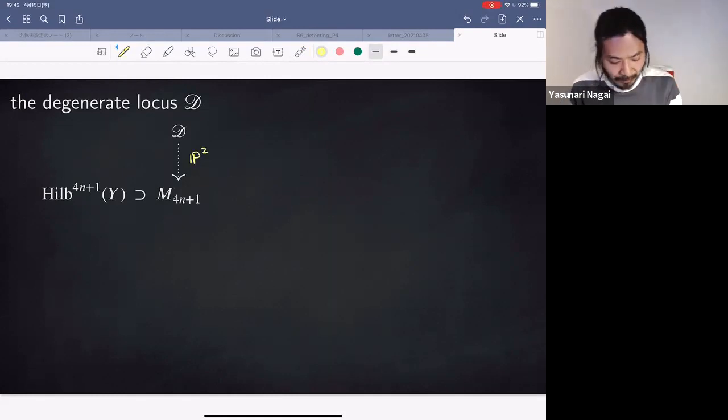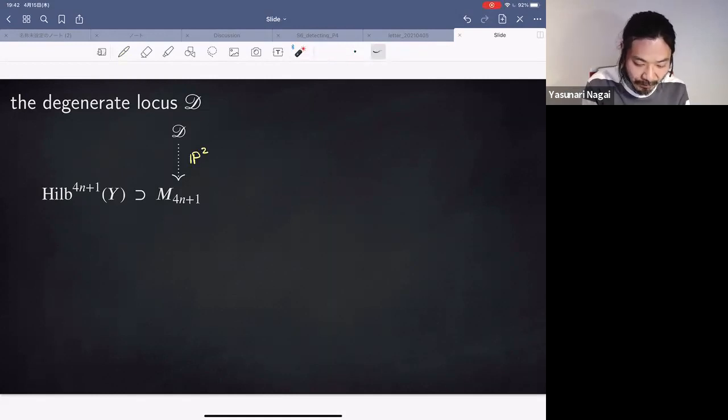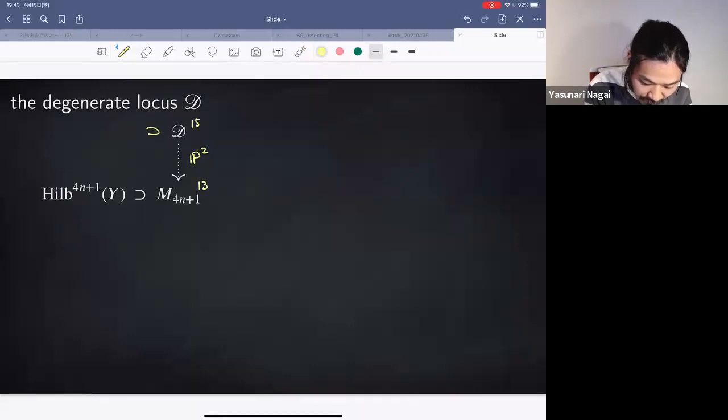And we can do the same calculation as before to calculate the dimension of the Hilbert scheme. This rational normal component of the Hilbert scheme is 13 dimensional, and this is 15 dimensional, of course. And this is in M.